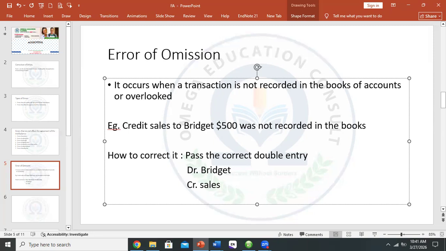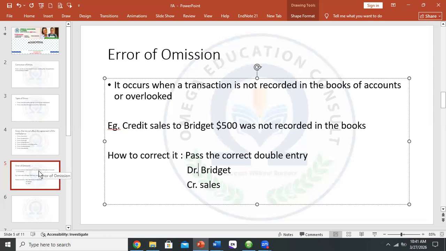Normally we prepare a journal to correct it. I think we'll look at the journal when we have discussed most of the errors, or maybe I should be doing it side by side so that professors can get the concept. But probably I'll shift it to the next type of error. So that is about error of omission.